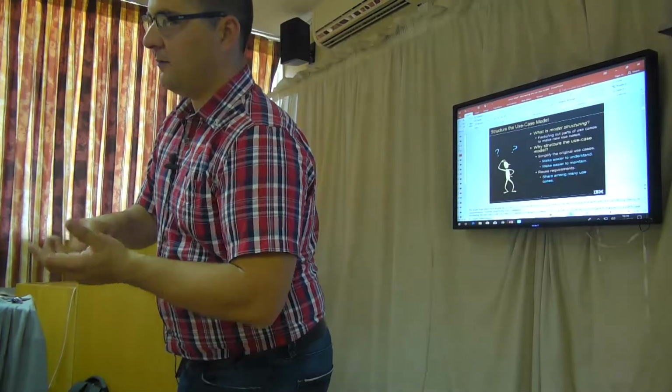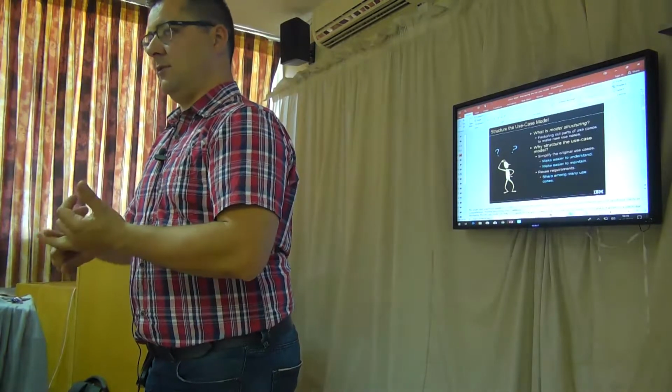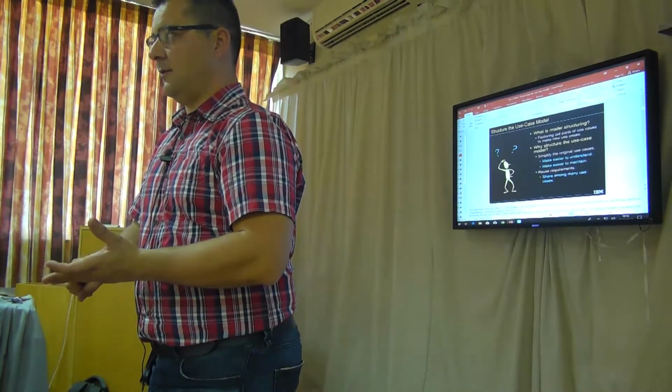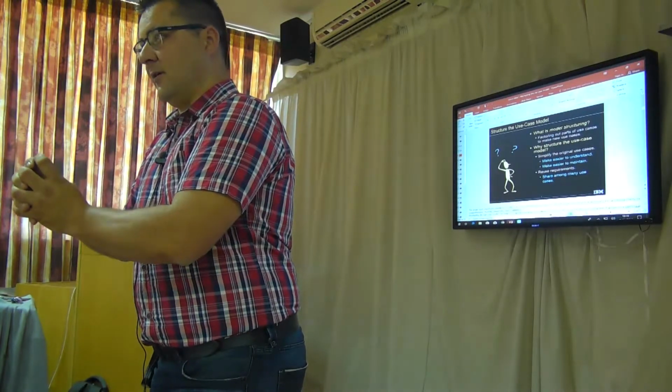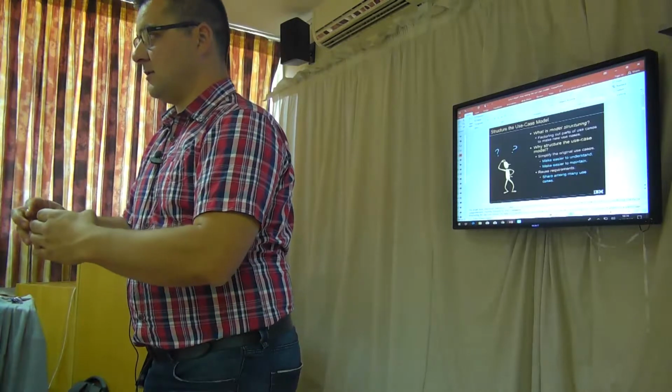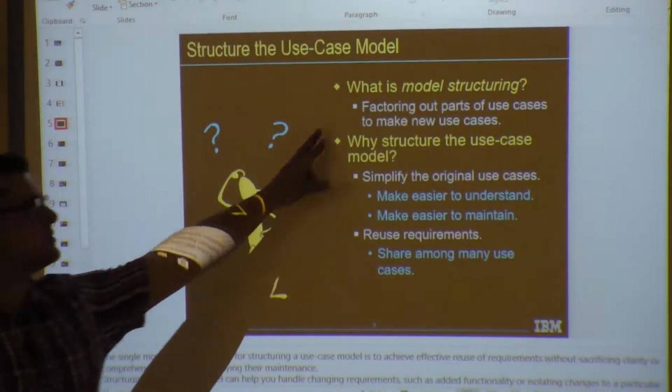Initially, you might have just created the use case diagram, the activity diagrams, the use case specifications, all of that. But now you're starting to see that there is common behavior between some of the use cases. So you might even start to go back. That is where this comes in.